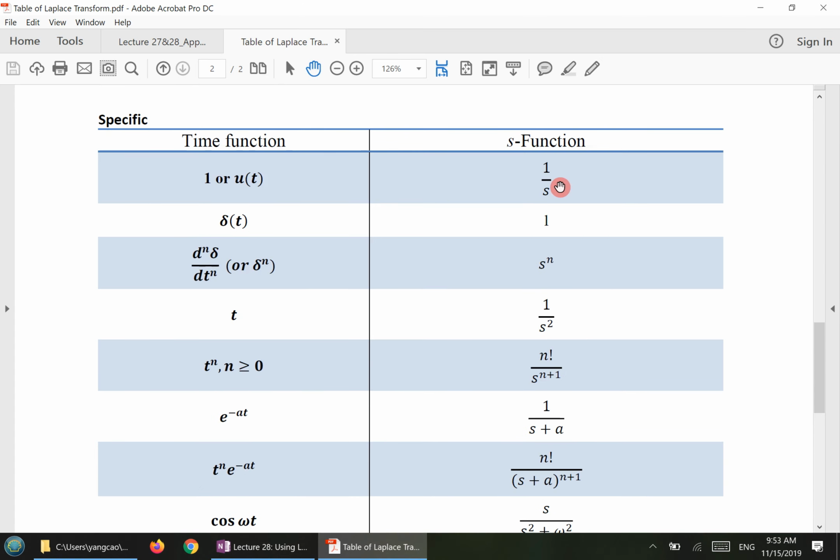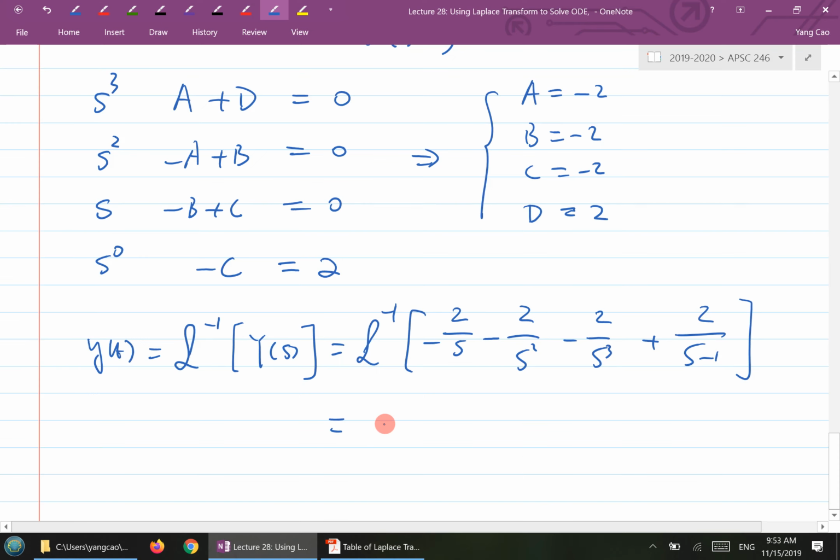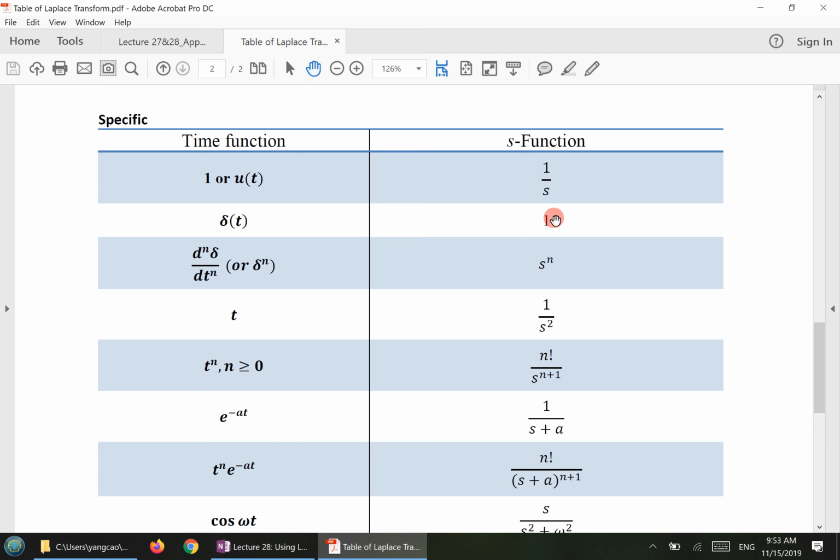Here's the 1 over s term, right? When you have a constant over s, just move it out. This is negative 2 times u of t, or negative 2 times 1. I'll move the u of t to the outside here. What is the inverse of 2 over s squared? It's over here, which is t.